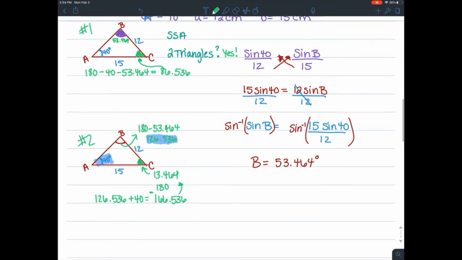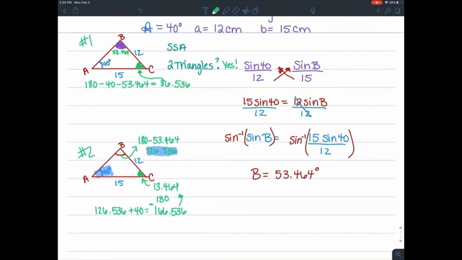So now we got to find side C of both. All right, so I'm going to do the sine of, I like to use the given ones. So 40 and 12, because if I got B wrong, then I'm going to get everything else wrong. So sine of 40 over 12 equals sine of, so we're trying to find C. The only thing we know about C is the angle, which is 86.536, divided by C. So now I need to solve.